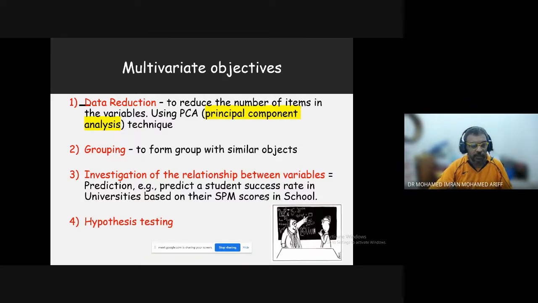Investigation of the relationship between variables. Okay, so kita nak buat prediction. We can do prediction. Example of prediction. We want to predict, or we want to test our idea, predict a student's success rate in universities based on their SPM score.